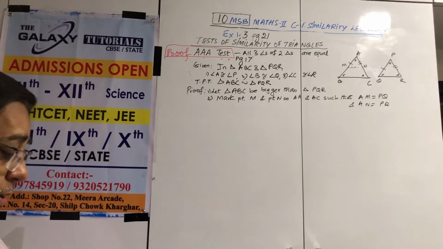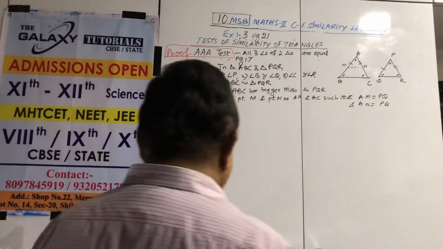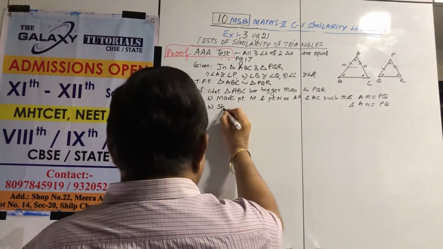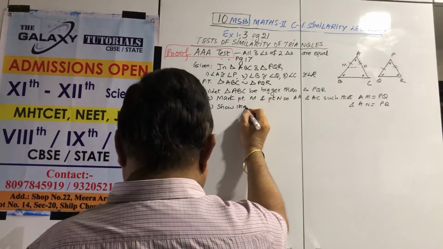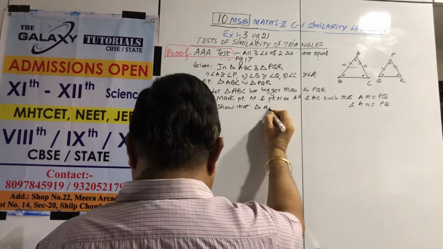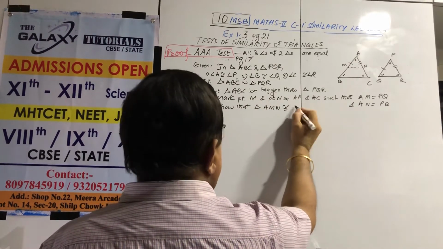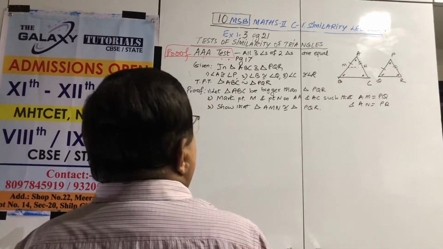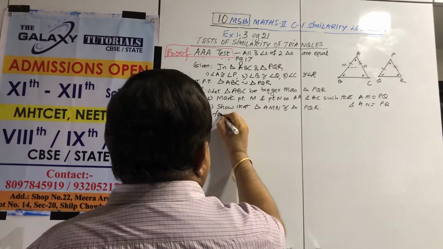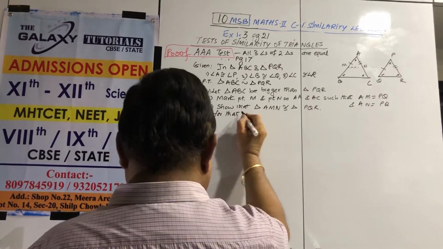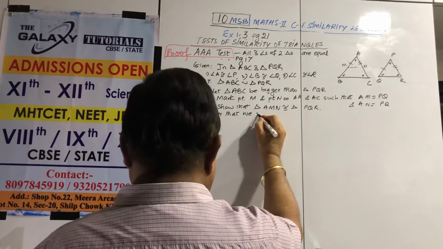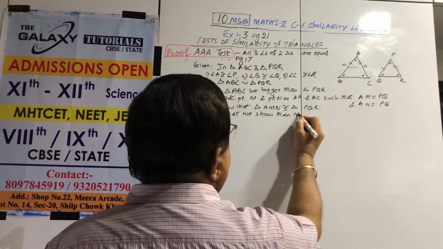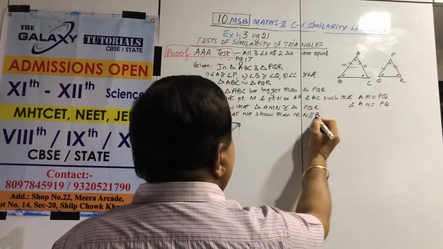Okay. Now, so third, we have to show that triangle AMN is congruent to triangle PQR. For that, we have to show MN is parallel to BC.